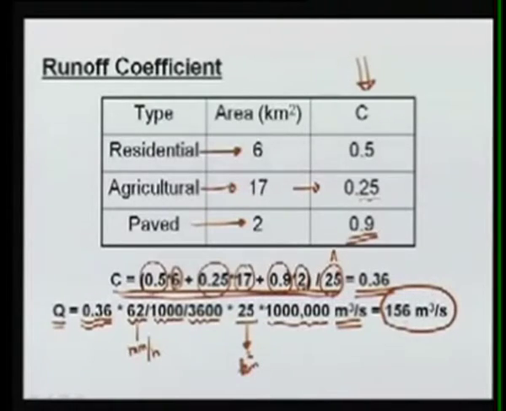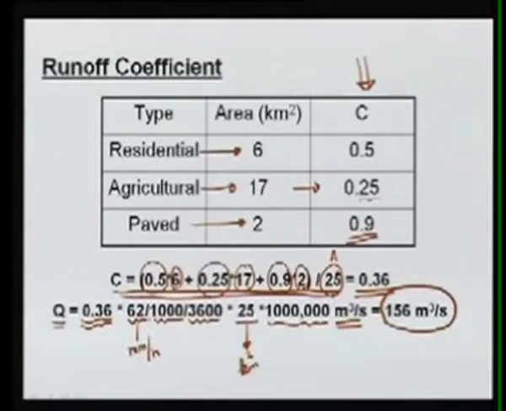So over this catchment of area 25 kilometers square, if a rainfall occurs of intensity 62 millimeters per hour for 3 hours, then the maximum discharge which can be expected will be 156 meter cube per second using the rational formula.